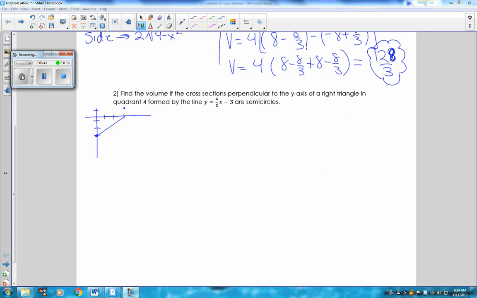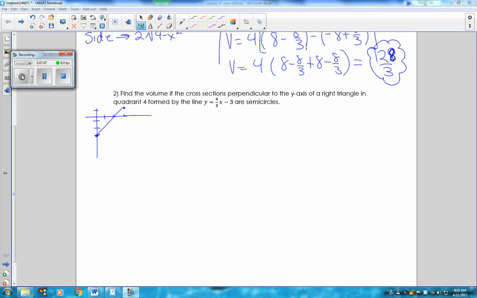Okay, is that your sketch? Y-intercept at -3, a slope of 4/3, so I went up 4 and over 3. And that's in the wrong place. Okay. We're only looking at the part that's in the 4th quadrant.